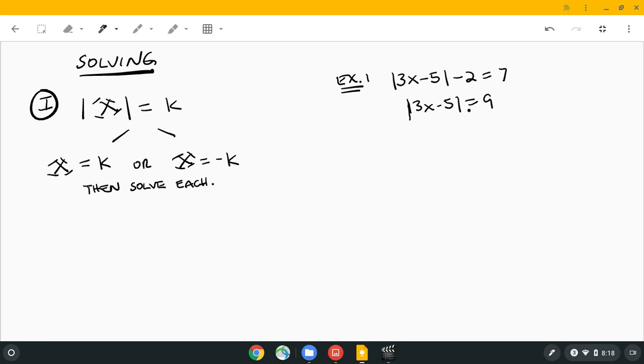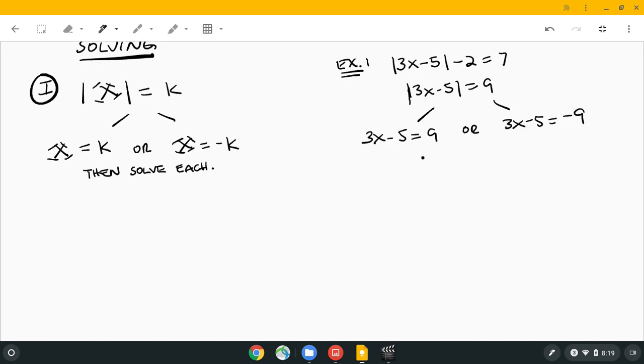Okay, so once you have the absolute value by itself, then you do the setup. So we're going to set 3x minus 5 equal to 9, or 3x minus 5 equal to negative 9. Which makes sense because if this thing here has an absolute value equal to 9, that means this thing in here must be 9 or negative 9, right? Because those are the only two numbers that have a distance of 9 to 0, right?